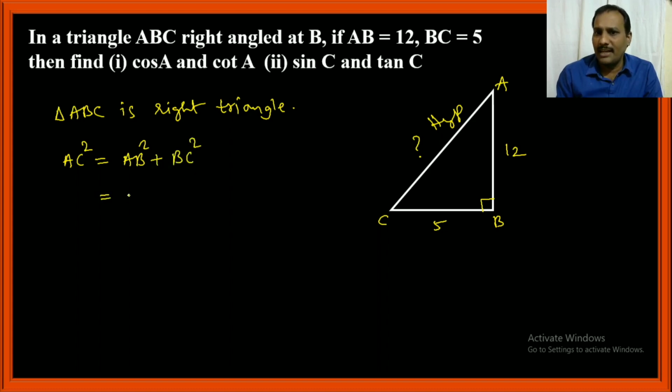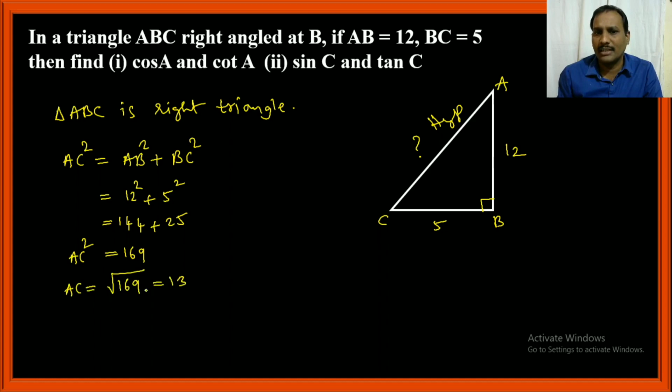So, what is AB here? 12 square plus BC is 5 square. That is 144 plus 25 is equal to 169. AC square is equal to 169 and AC is under root 169, which is equal to 13. So the hypotenuse is 13 centimeters. AC is equal to 13 centimeters.